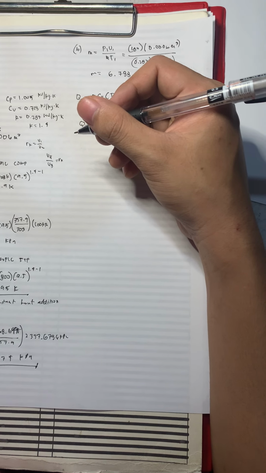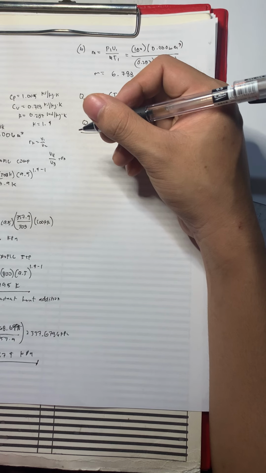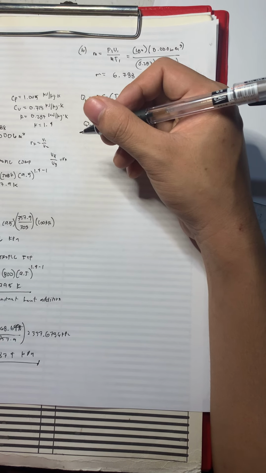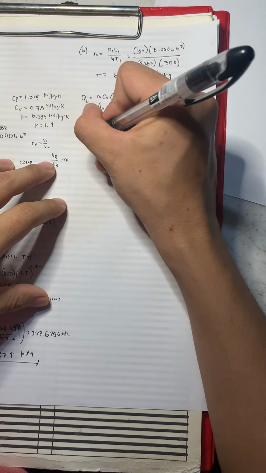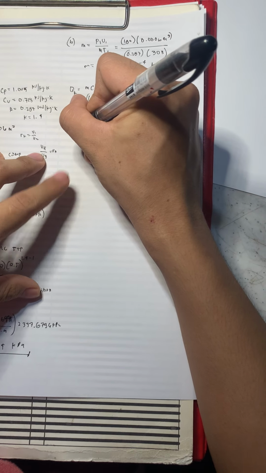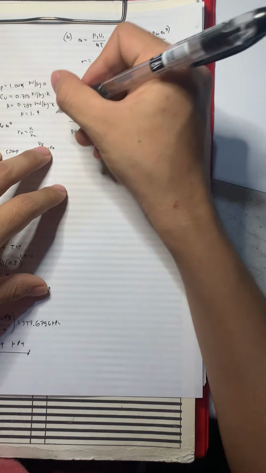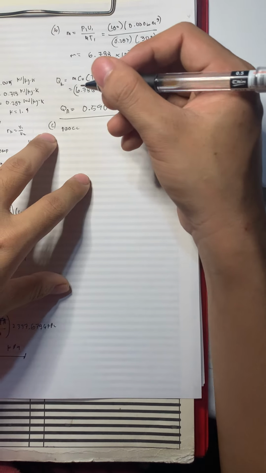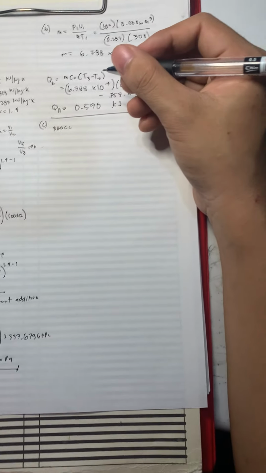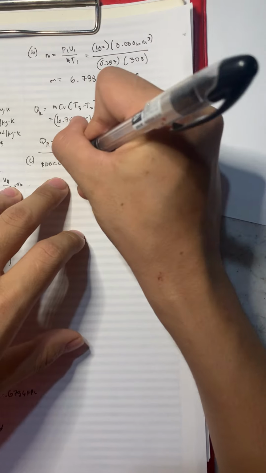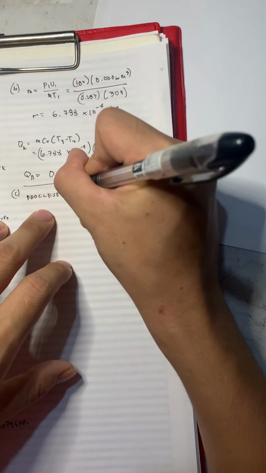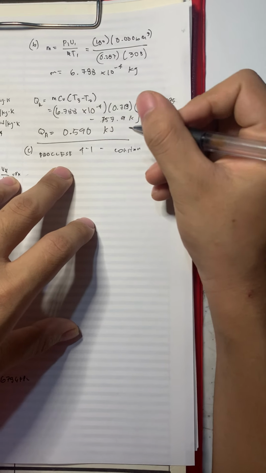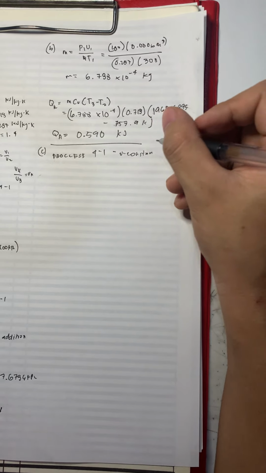Then we also get QR in process 4 to 1. Since we got QA, now for C we should find the efficiency. To find the efficiency, we need Q, the heat rejected in process 4 to 1, which is constant volume heat rejected.